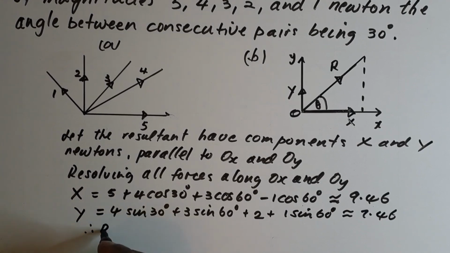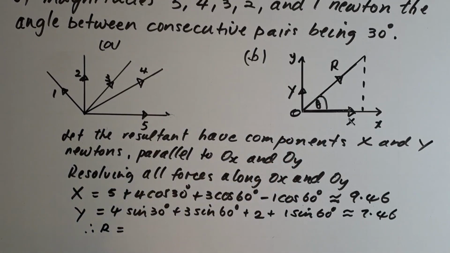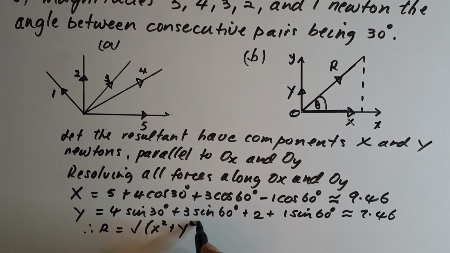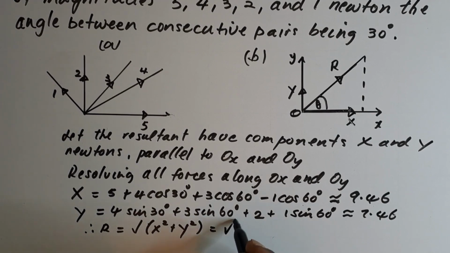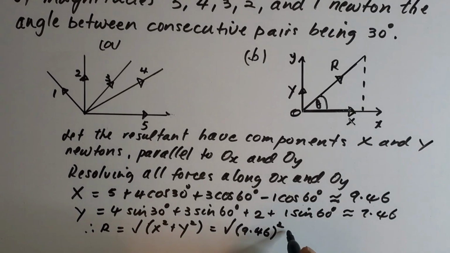Therefore, we can calculate R. It's a right angle triangle we have with the X and Y components of R. R is the square root of X squared add Y squared, and this is equal to the square root of 9.46 squared added to 7.46 squared.